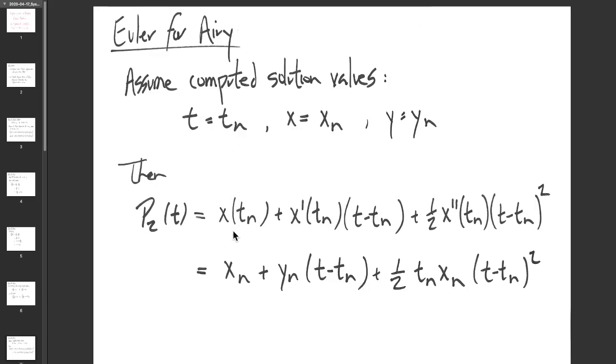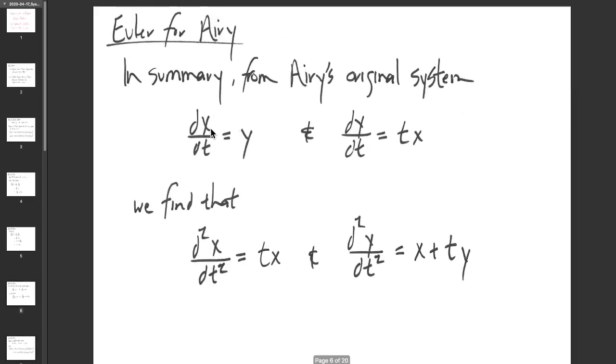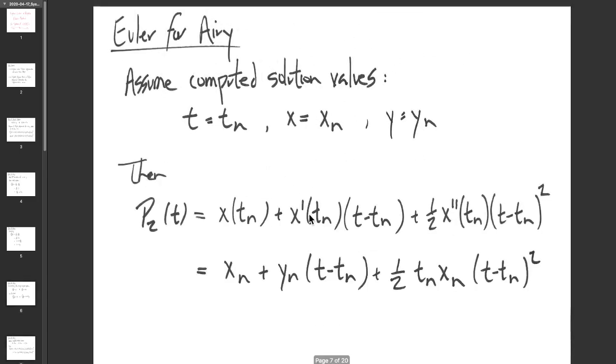So x of t sub n would just be xn. x prime of t sub n would be what? Well, we know that x prime is equal to y, so at time tn, x prime of t sub n would just be y evaluated at time t sub n, or y sub n.